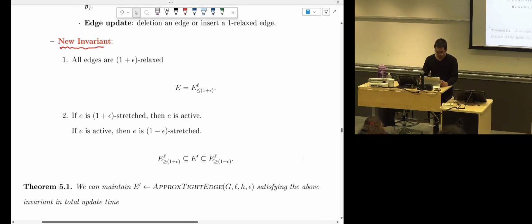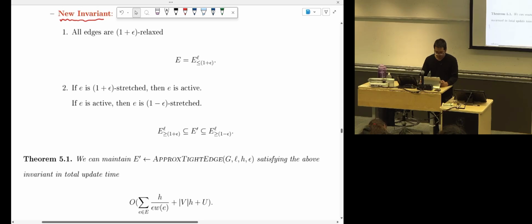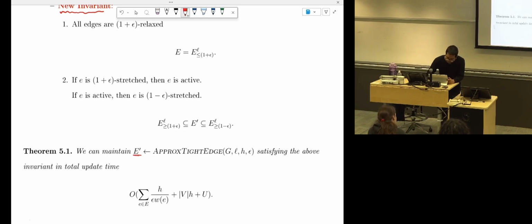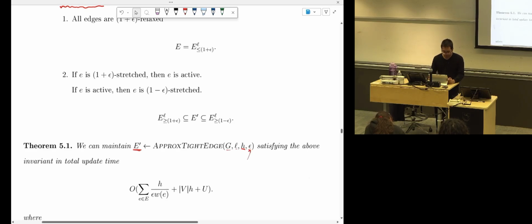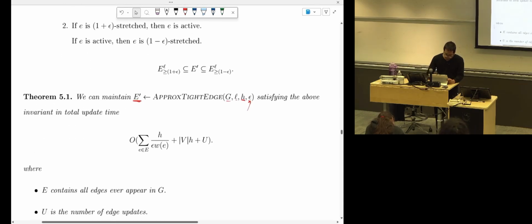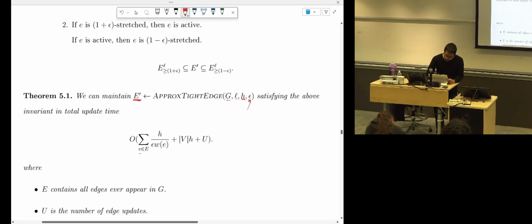And the point now is that we can maintain this approximately tight set with this graph G, label L, maximum label H, and approximation parameter epsilon, in this total update time.